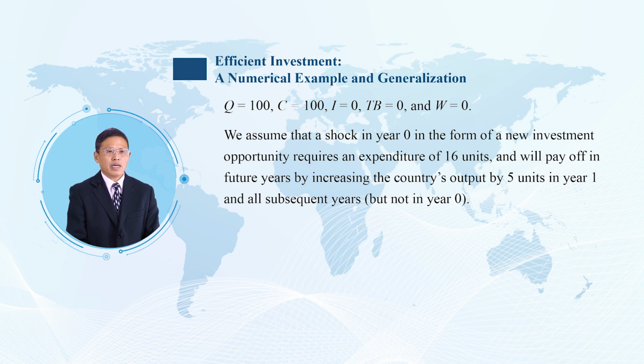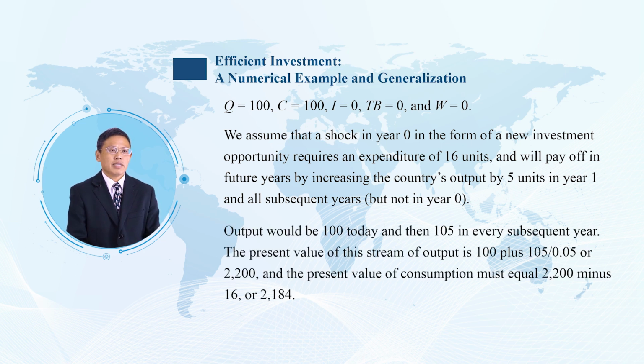will it be better off if it is open or closed? Now suppose an open economy undertakes the investment. First, we must calculate the difference this would make to the country's resources as measured by the present value of output. Output would be 100 today and then 105 in every subsequent year.